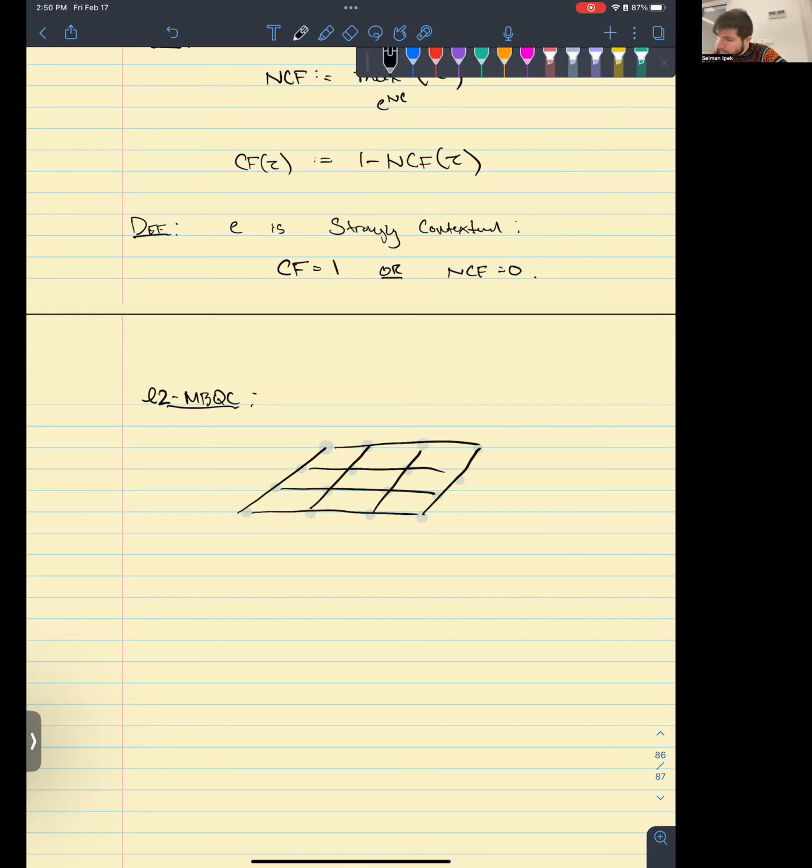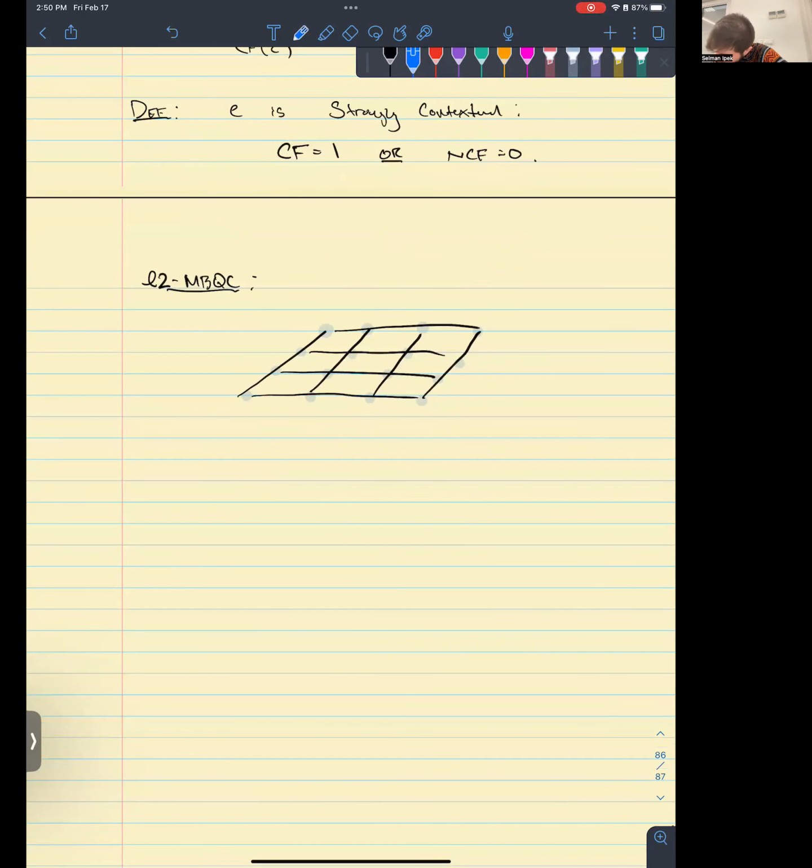The basic idea is that for any given site, you have some observable, some measurement that you can perform there, O_i of q_i. With L2 MBQC, it means that there are precisely 2 measurements that you can do at every site.